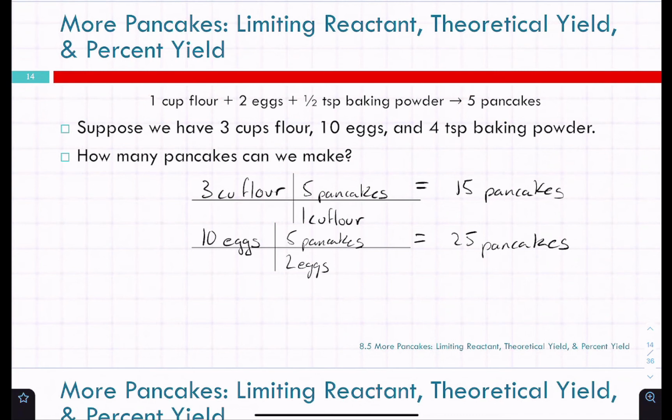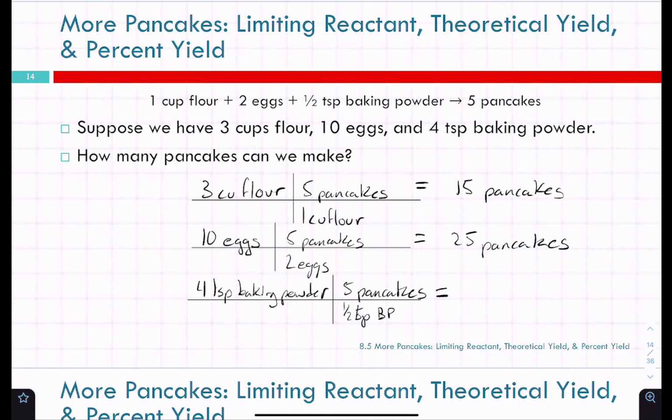And we can also do this for baking powder, where we have 4 teaspoons of baking powder. Another stoichiometry problem. For every half a teaspoon of baking powder, we can make 5 pancakes.